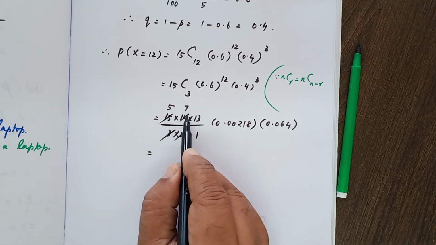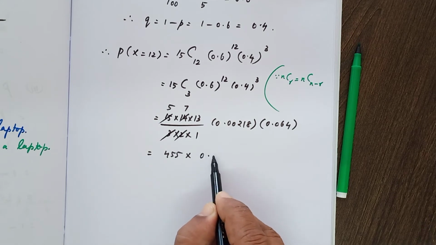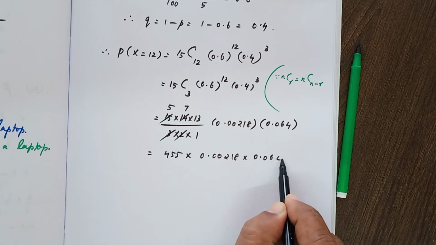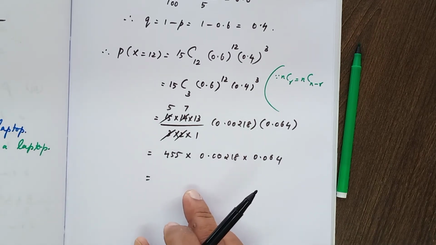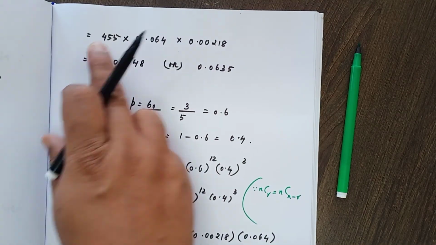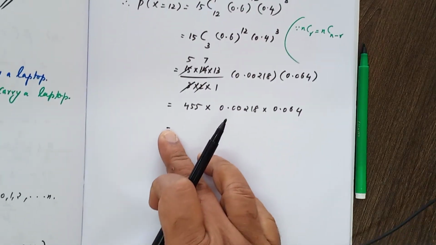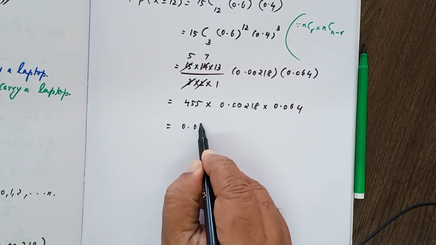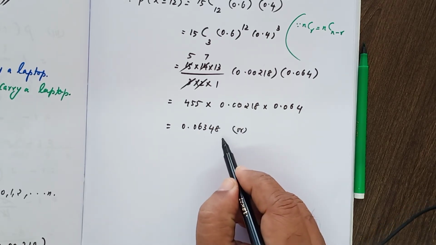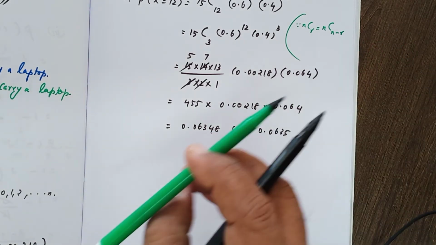Equals 5 into 7 into 13, that is 455, into 0.00218 into 0.064. The same numbers as in the first subdivision. Look at that, 455, 0.064, 0.00218. So the same answer, 0.06348, or if it is rounded to 4 decimal places, you can write 0.0635. Both the answers are correct.